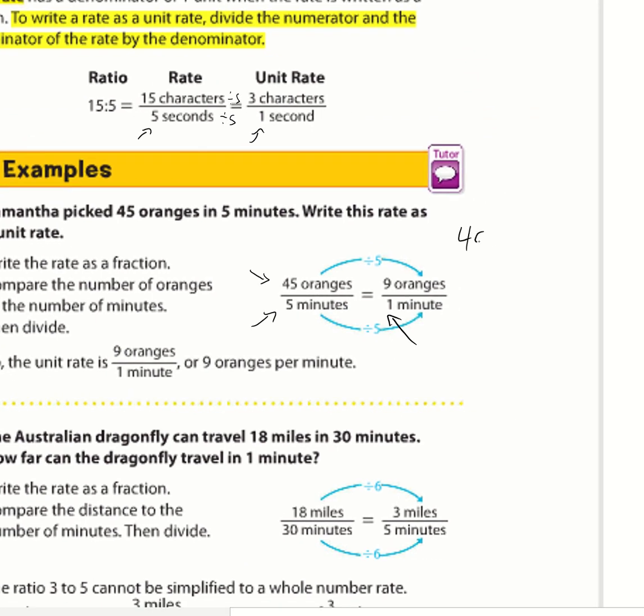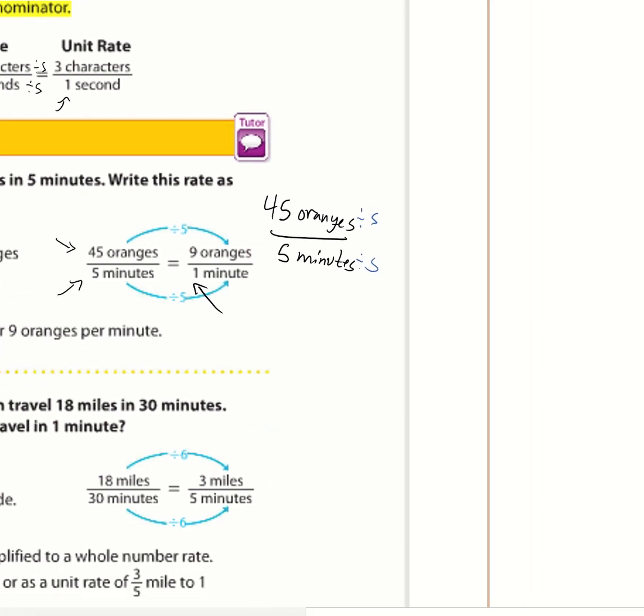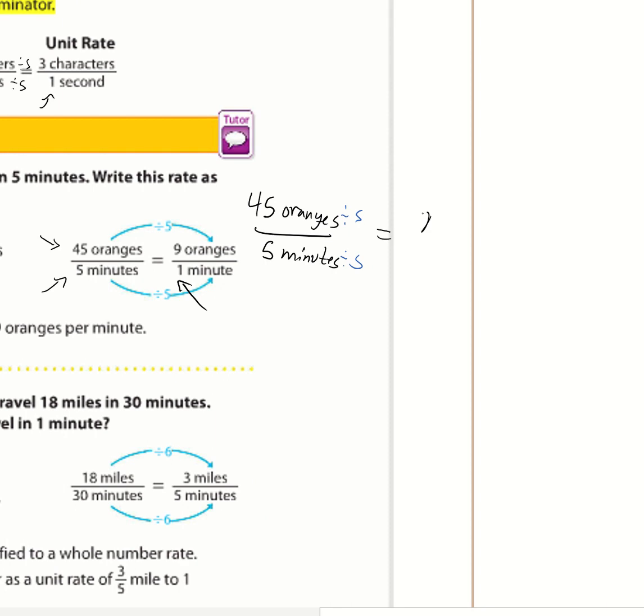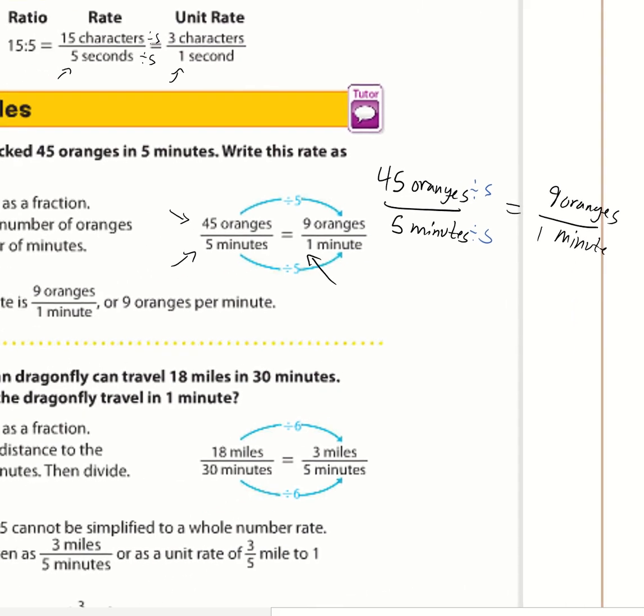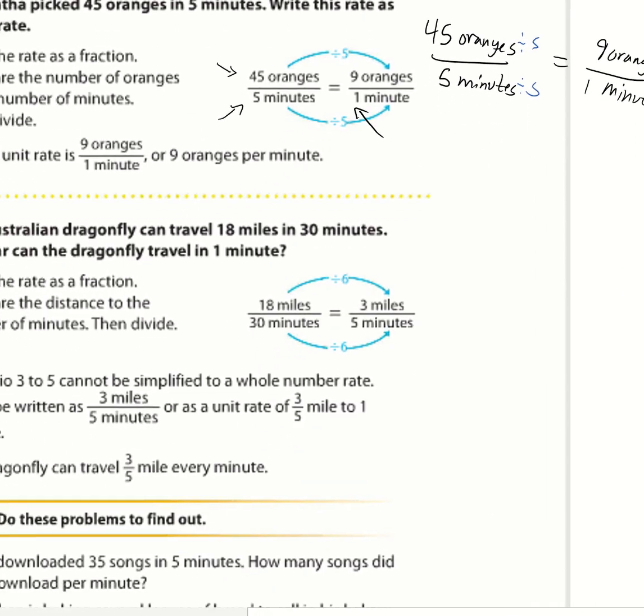So it'd be 45 oranges for every 5 minutes. And we simplify that because I'm dividing by my denominator, that equals 9 oranges per minute. That is a unit rate because now my denominator has 1.